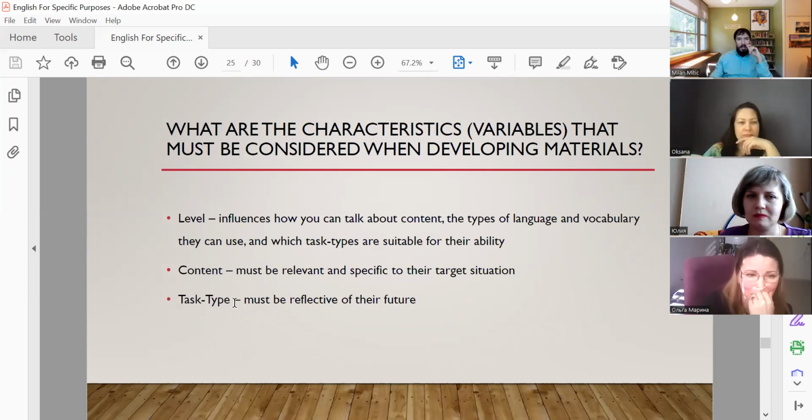Right. Characteristic variables of materials: level. So you need to consider the level of those refugees. Michael, are you here? Yeah, yeah. Okay. Just my camera shut down. So the level, the content, task type, based on the data triangulation, the Holy Trinity.